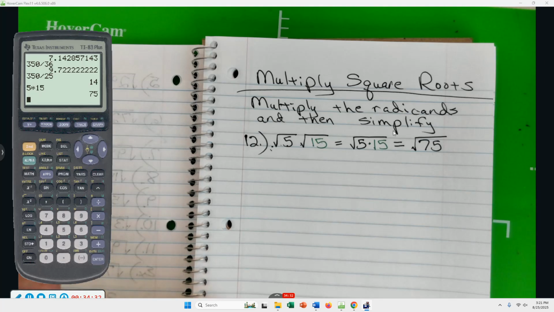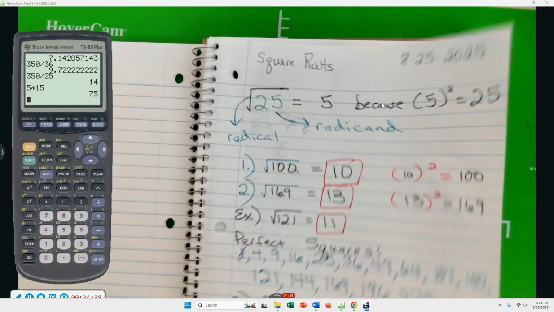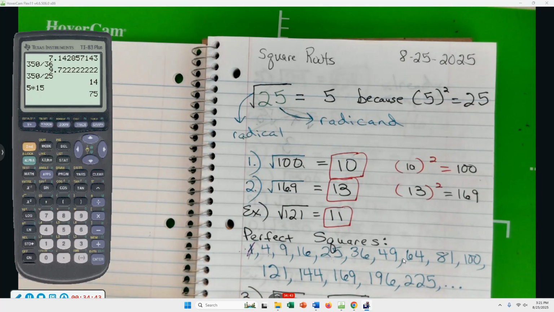Is 75 a perfect square? No. What's the biggest perfect square that divides evenly into 75? 25. 25 times what will give you 75? 3.